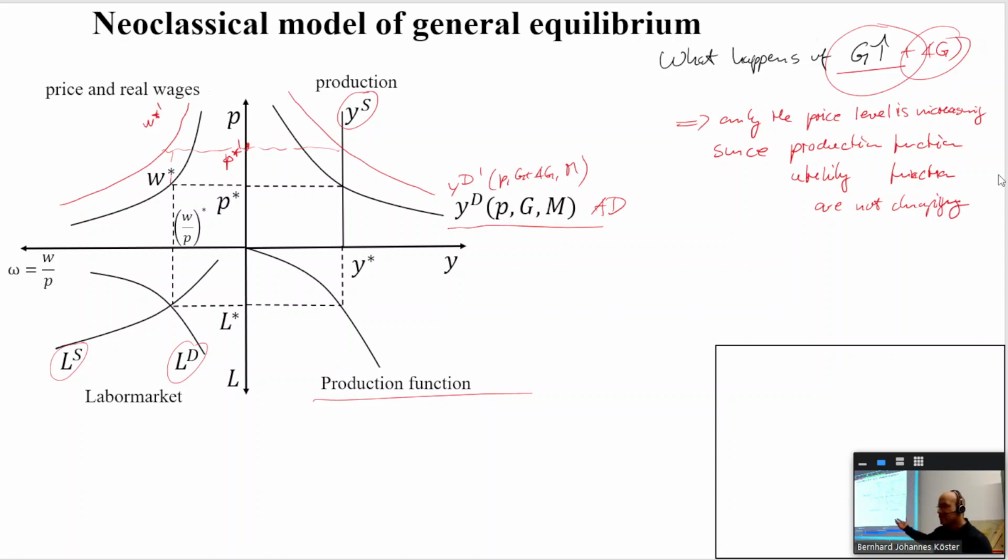Well, this, of course, we also derived in the ASAD model, where we then said in the end, also the medium-term AS curve is going upwards, and in the end, we just also end up at our given production level.